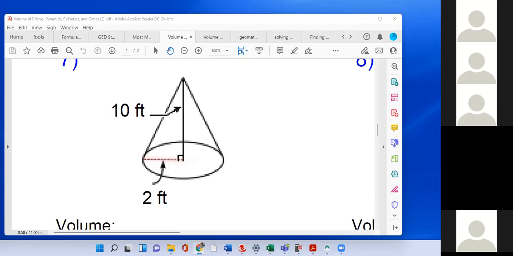Oh, I see what you did. First of all, volume equals 1/3. Your numbers are incorrect. I cannot write the numbers. So go back in, use your calculator, identify what they're giving you. Okay.